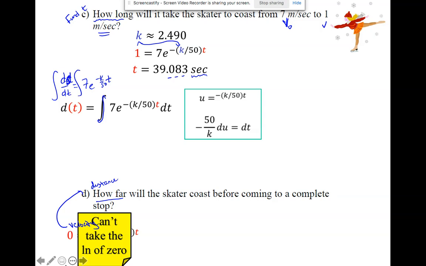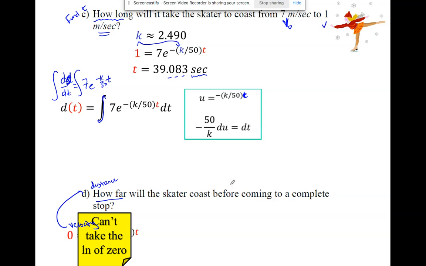U substitution, baby. U is this stuff. Oh, I don't need the t there, do I? What is the derivative of that stuff? Oh, I guess I do. Silly, sorry.